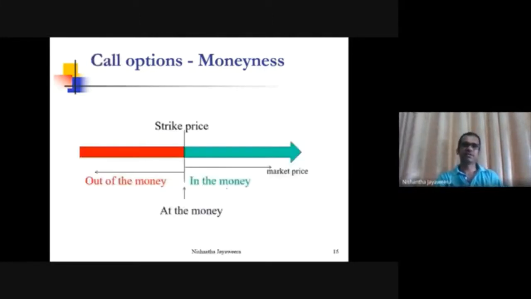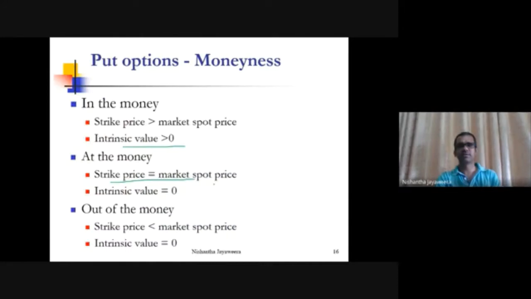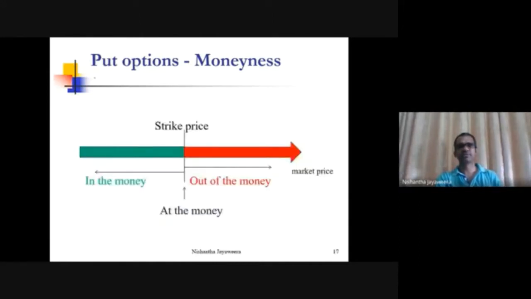So you can see the same picture but on the reverse side. The left hand side would be in the money, and the right hand side would be out of the money for a put option. When the market price is less than the strike price, the put option is in the money.